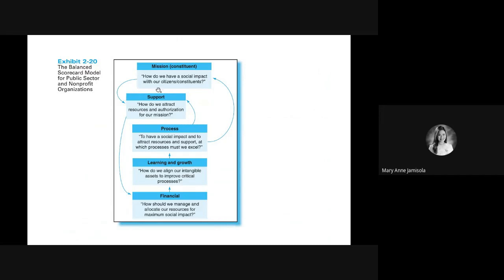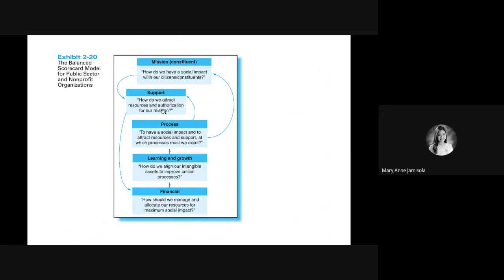So here, first they look at the support. How do we attract resources and authorization for our mission with respect to their targets for their citizens or constituents? And then they also have this process perspective, learning and growth perspective, and then financial.